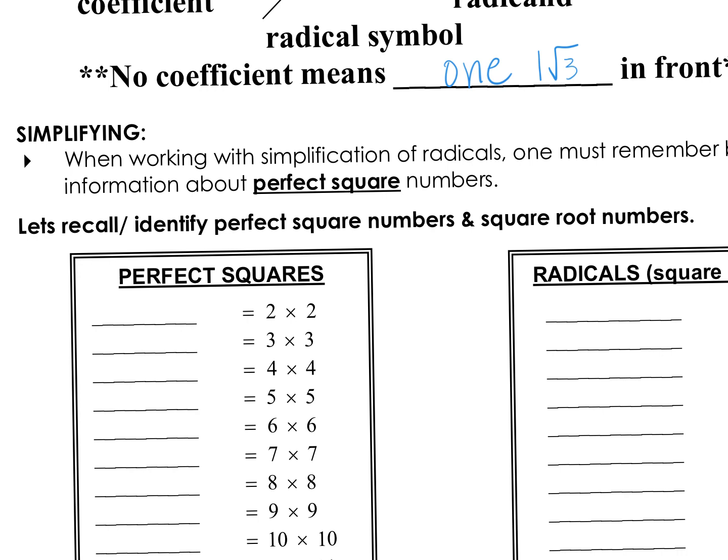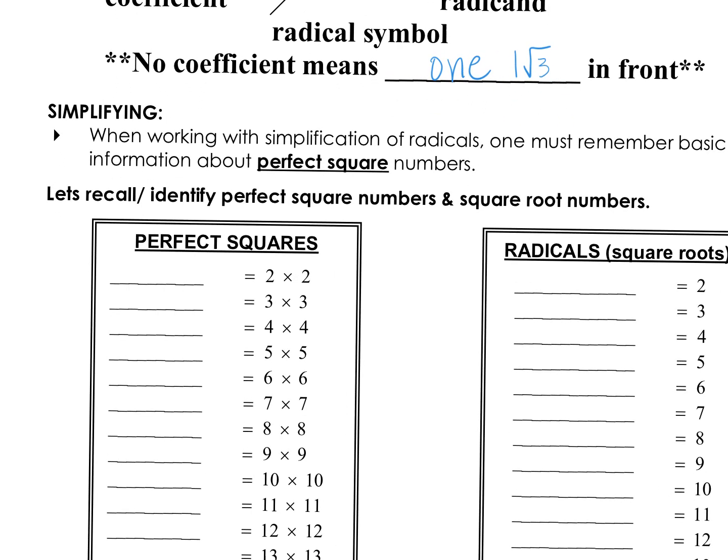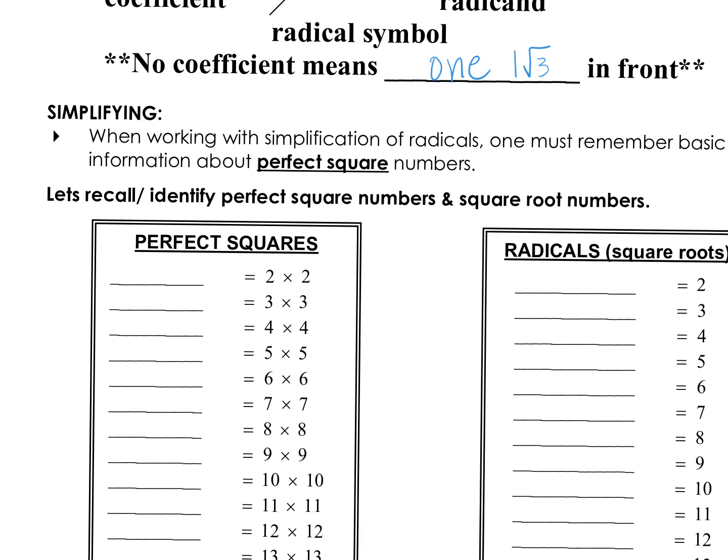Okay, so when we're simplifying or working with radicals, you have to remember some basic information about perfect squares. So let's just identify perfect squares and also their square roots.